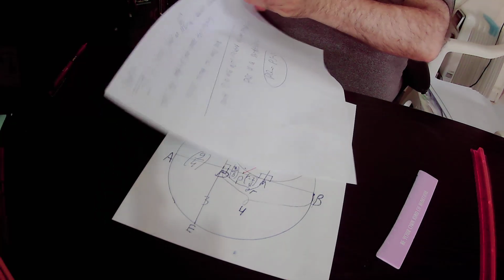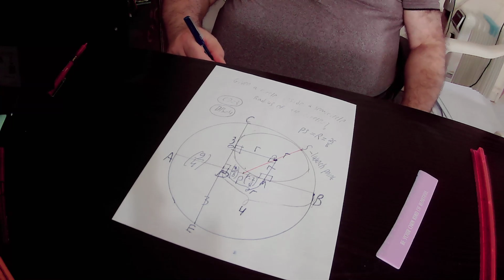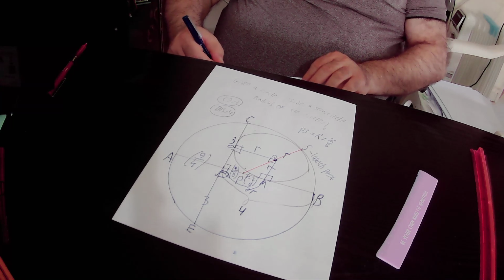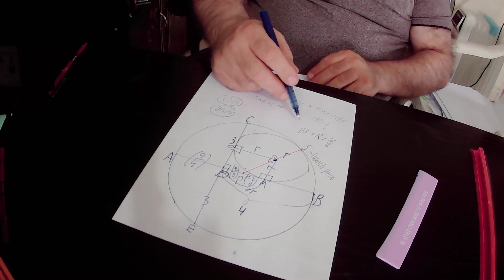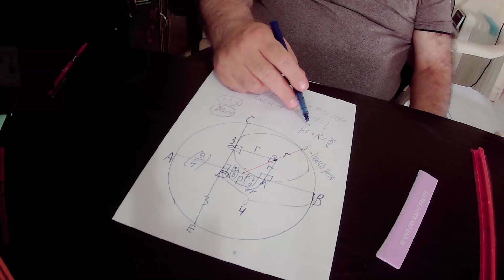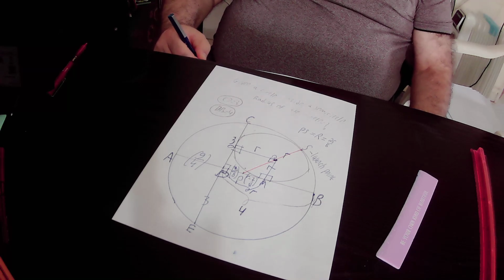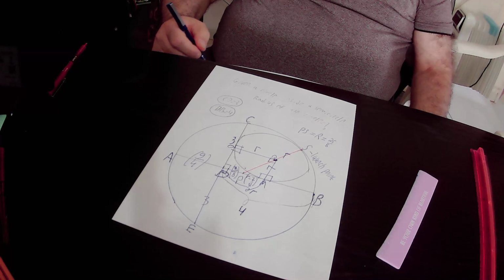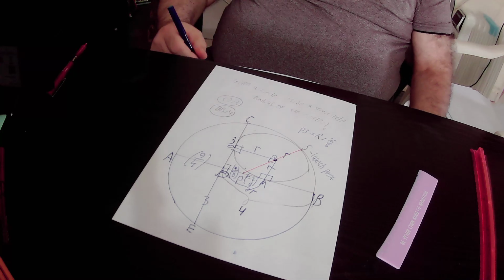So PQ equals PS. PS, we already found out that PS equals capital R, so we substitute PS by capital R minus QS. We already found out that QS equals small r.